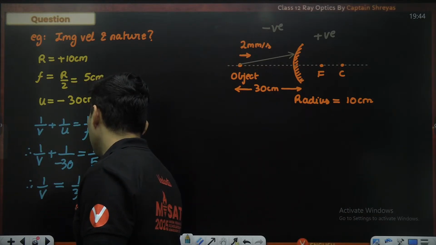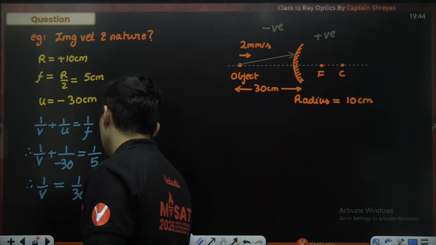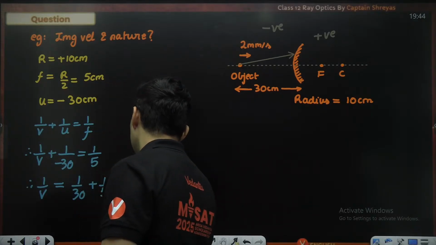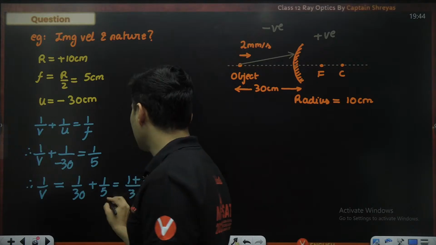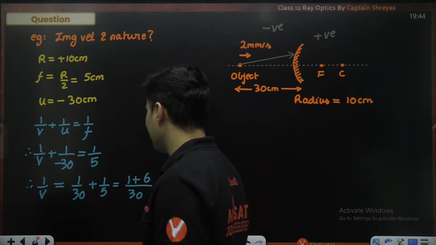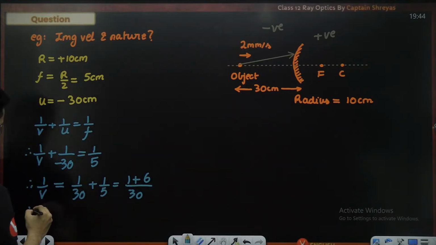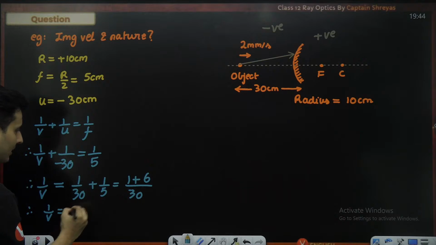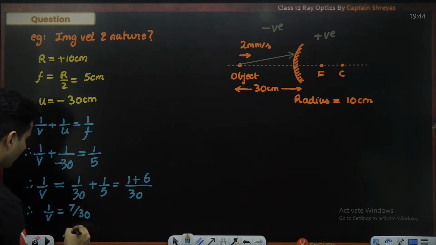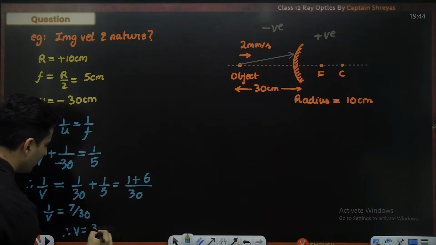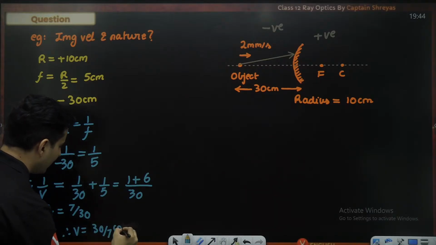So it will become 1 by 30 plus 1 by 5. LCM is 30. So this will be 1 plus 5 goes with 30 6 times. So 1 plus 6. So this will become 1 by v is equal to 7 by 30. Therefore, v will be equal to 30 by 7 centimeters.